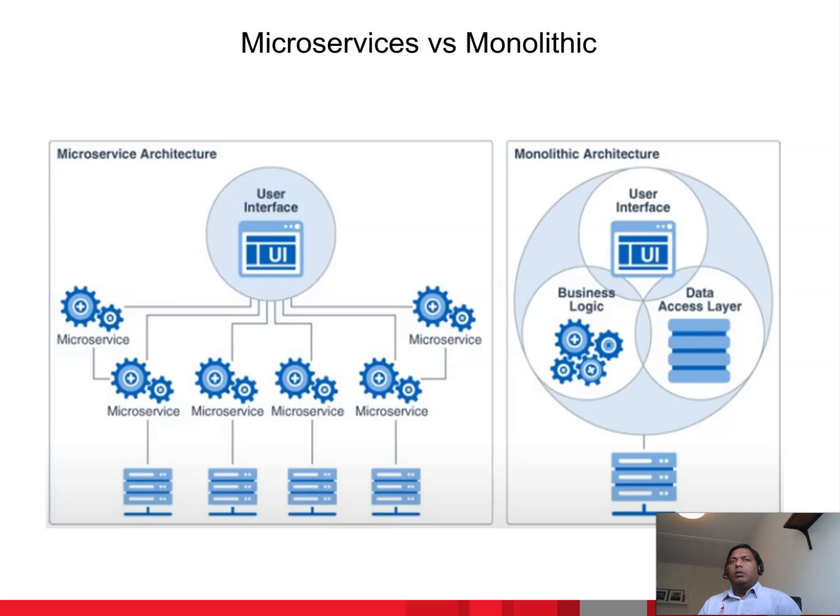They also have an isolated deployment and development unit which acts as a single atomic unit, and we can deploy each microservice as part of containers. Development teams can be different, the deployment pipelines can be different, and they are not dependent on each other. On the other hand, we already said that the monolithic architecture contains the user interface, business logic, and the data access layer in one unit, and that makes things much more complex.